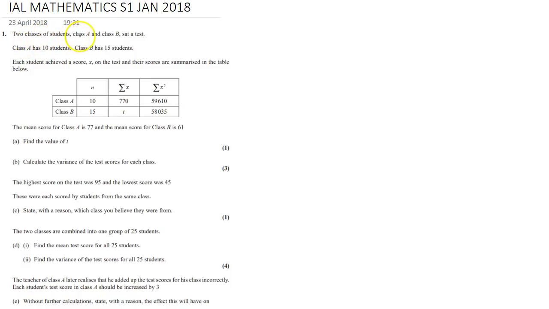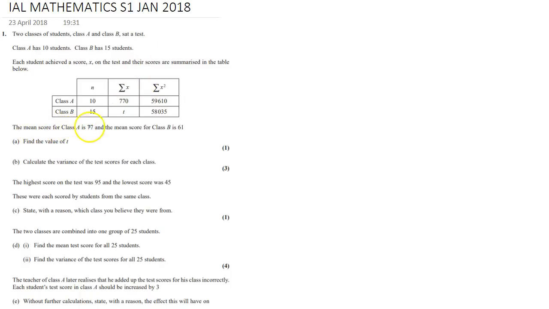Two classes of students, A and B, sat a test. Class A has 10 students and class B has 15 students. Each student achieved a score X on the test, and their scores are summarized in the table below.